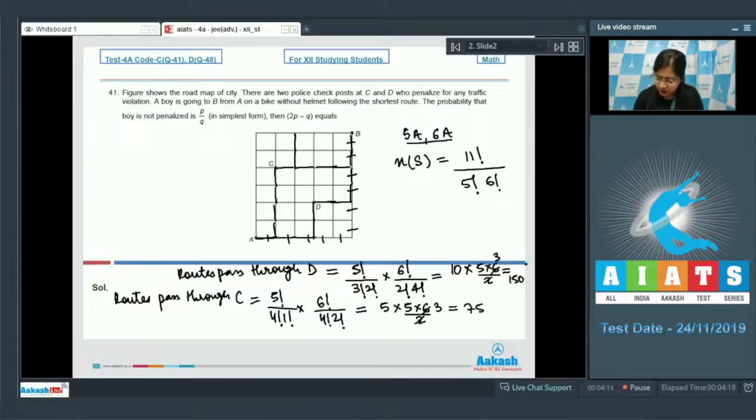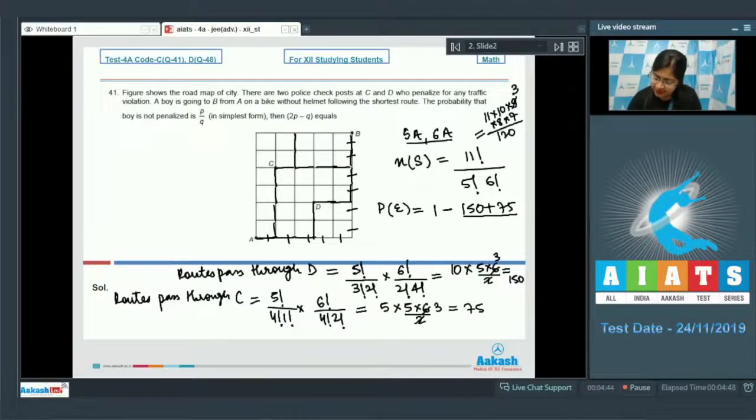150. So our required probability of event E will be equal to 1 minus, if the person passes through C or D, so it will be 1 minus 150 plus 75 divided by the number of elements in the sample space. So this is equal to 11 into 10 into 9 into 8 into 7 divided by 5 factorial, that is 120.